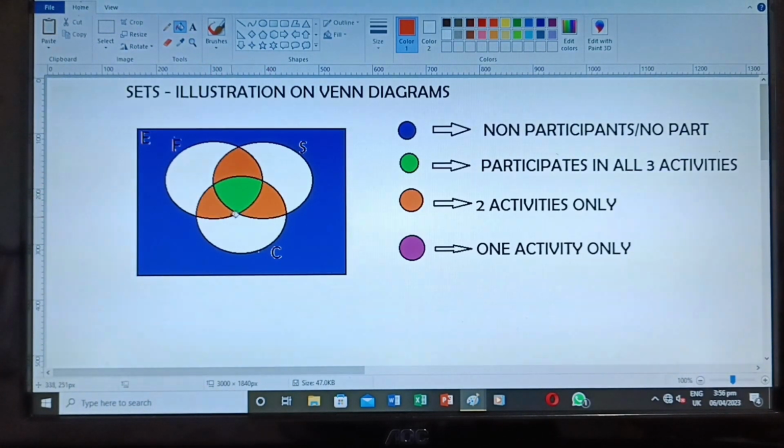So these three regions represent those that are taking part in two activities only. And finally, this one that I'm painting purple represents those that are participating in only one activity. So one activity only is purple, this one.